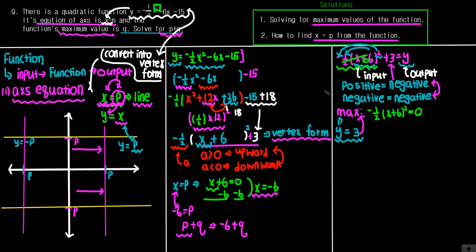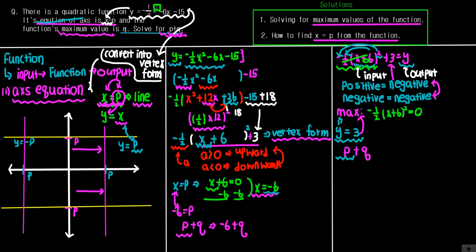But this is not the ultimate goal of this function problem. Our ultimate goal is adding p plus q. For the p value, we know that it is the equation of the axis, which is negative 6.